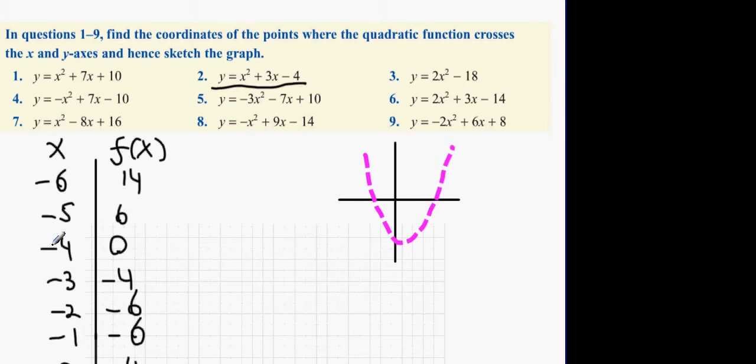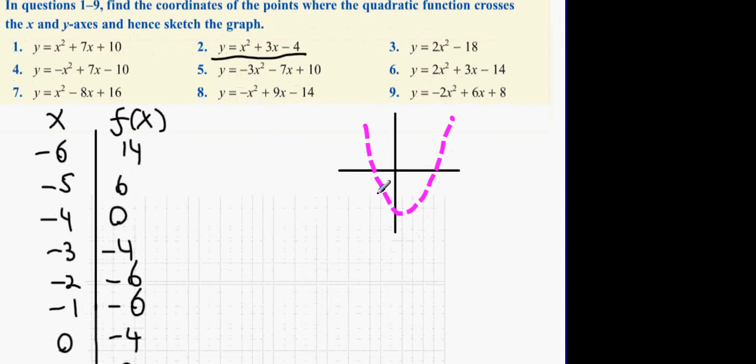Now, does anybody see where the y value is 0? When x is minus 4. So y is 0 when x is minus 4. That means that this value here is x equals minus 4.